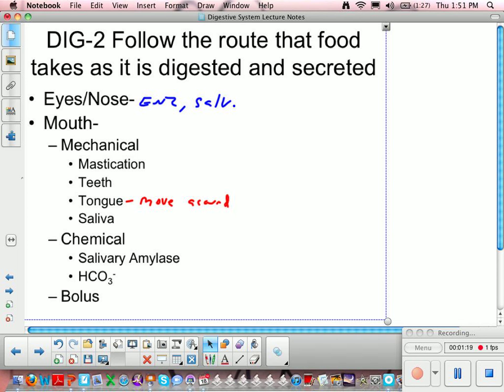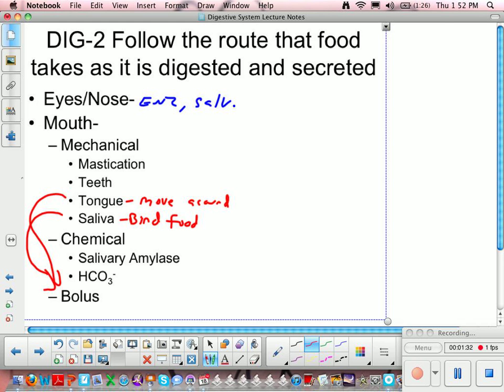Saliva helps bind the food together into this bolus, and the tongue also helps form that bolus. That bolus is just that ball of food that we're going to swallow.